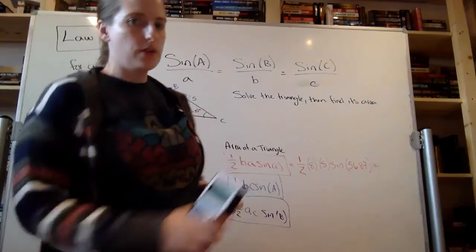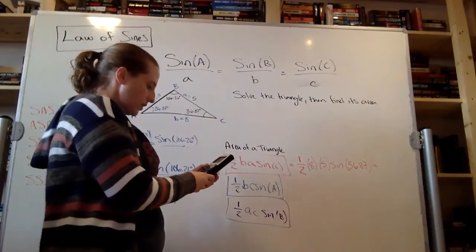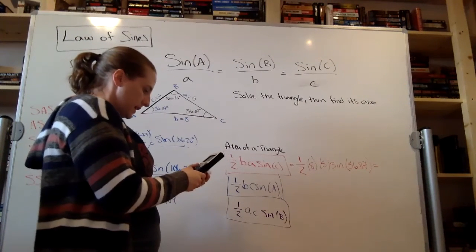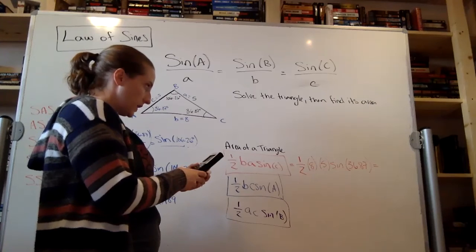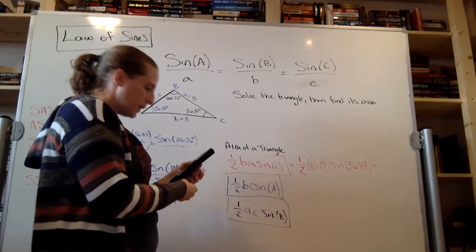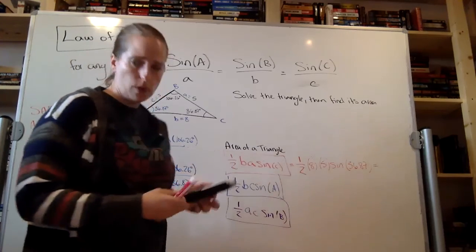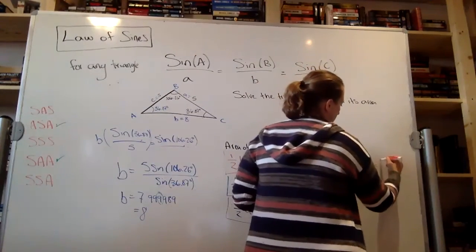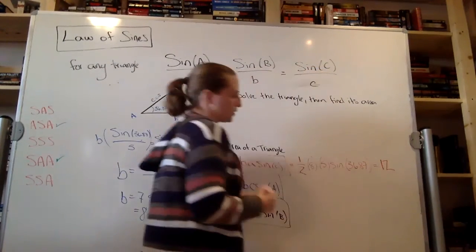Once again, I'm going to go to my calculator. So I have 1/2 times 8 times 5 times sine of 36.87, which gives me 12.0002, which I'm going to round to 12. So our area is equal to 12 units squared.